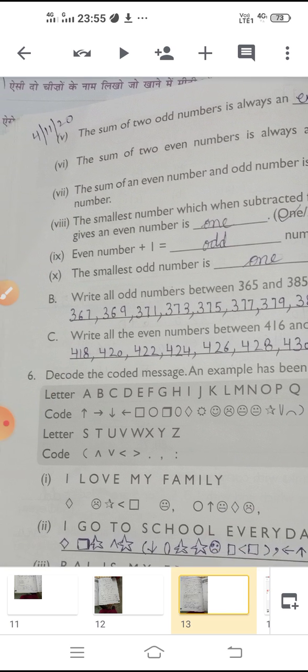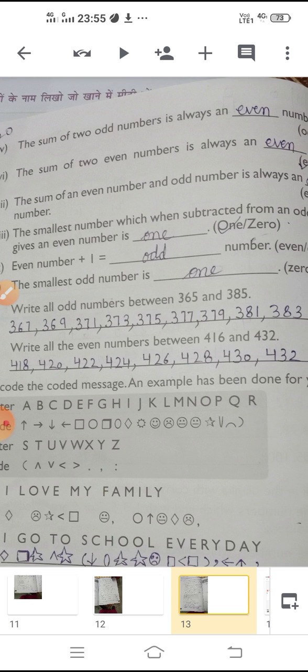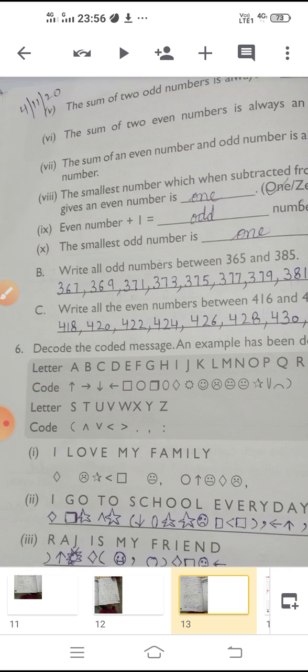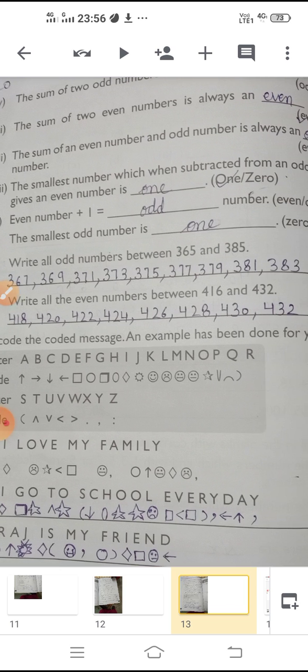The sum of an even number and an odd number is always an odd number. How?